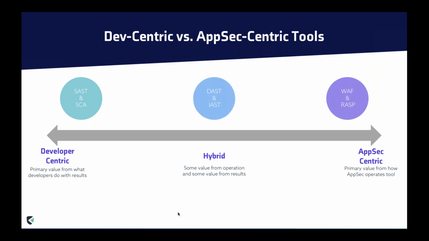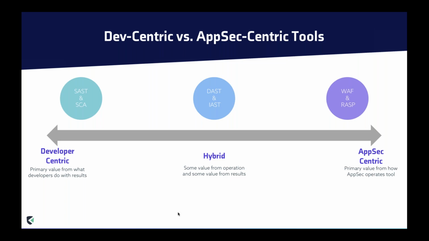And then, of course, there are tools that are in the middle. So if you think about DAST and IAST, well, yes, the reason why you're attempting to find vulnerabilities with either dynamic or interactive application security testing is ultimately to fix them. There's tremendous value. In fact, when it comes to IAST, really all the value is coming from the test scripts that you're running, right? And the QA team's got to go create those.